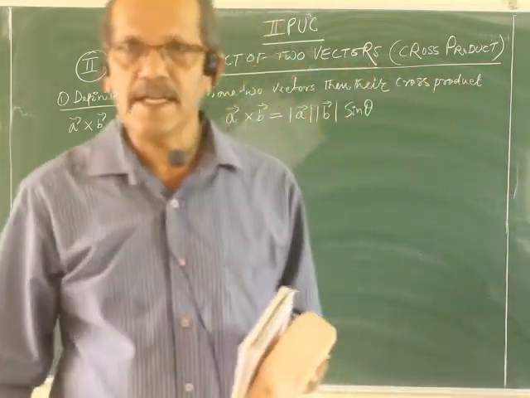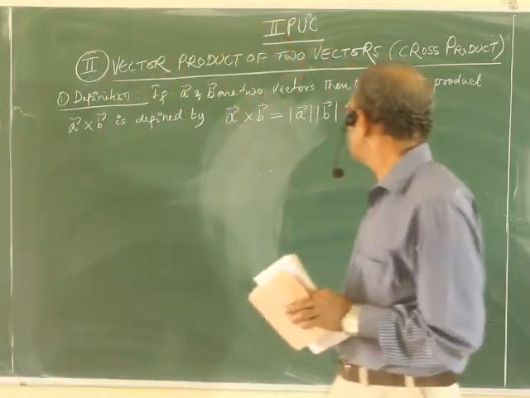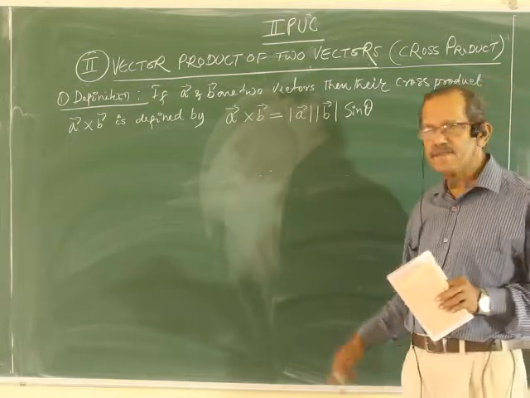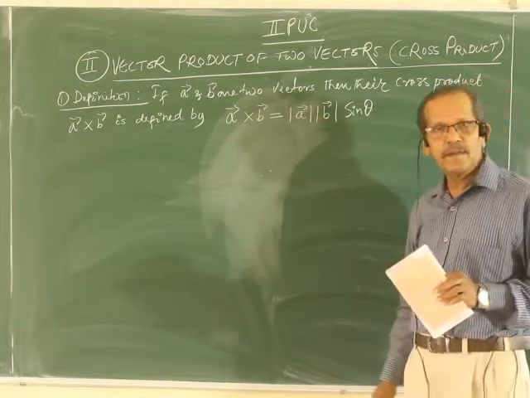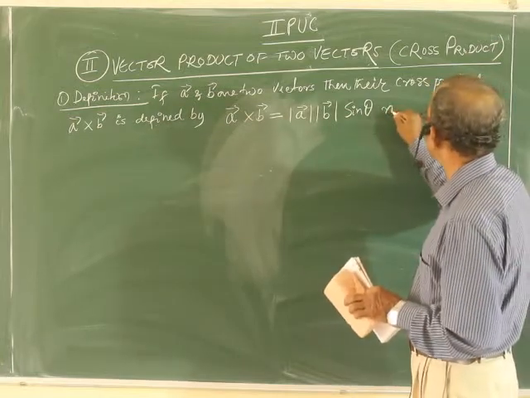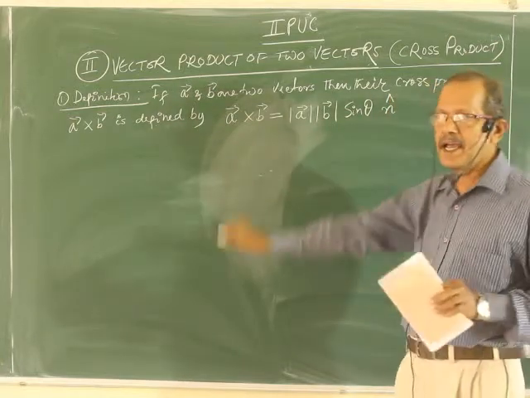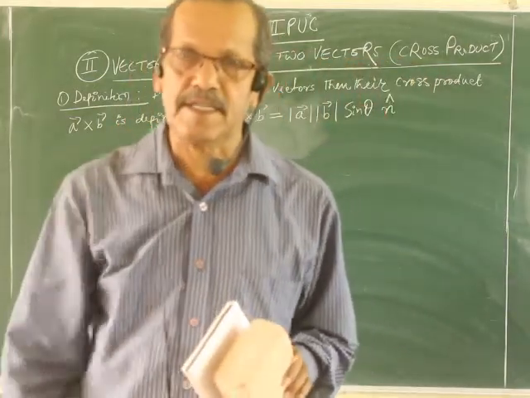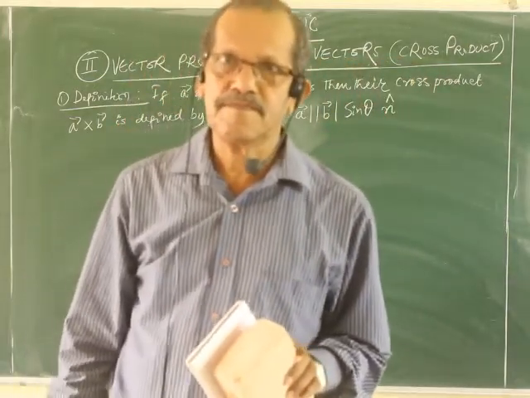Note that if it is only sin theta, the formula is very simple: mod A mod B cos theta, instead of that mod A mod B sin theta. But not only this one. Another very important thing is into n cap. Cap notation is always for a unit vector, length 1.